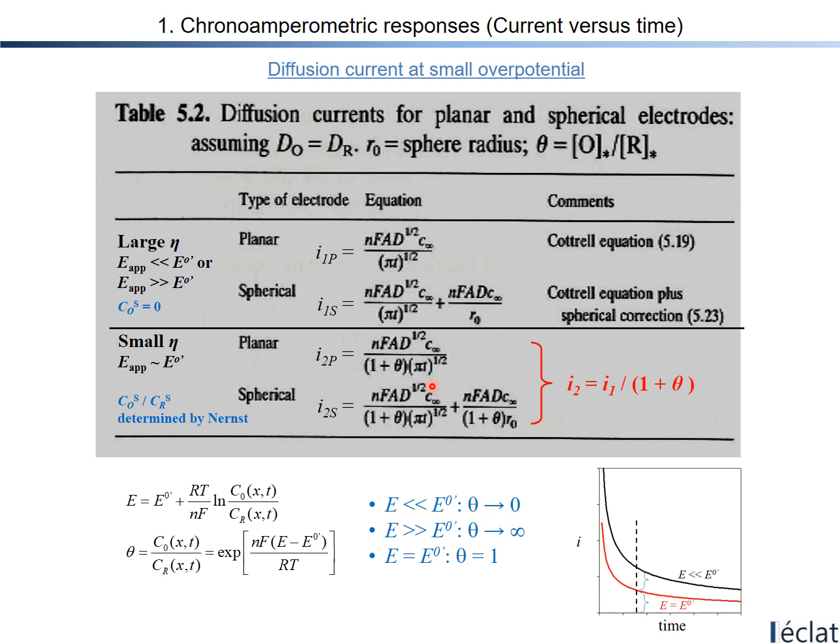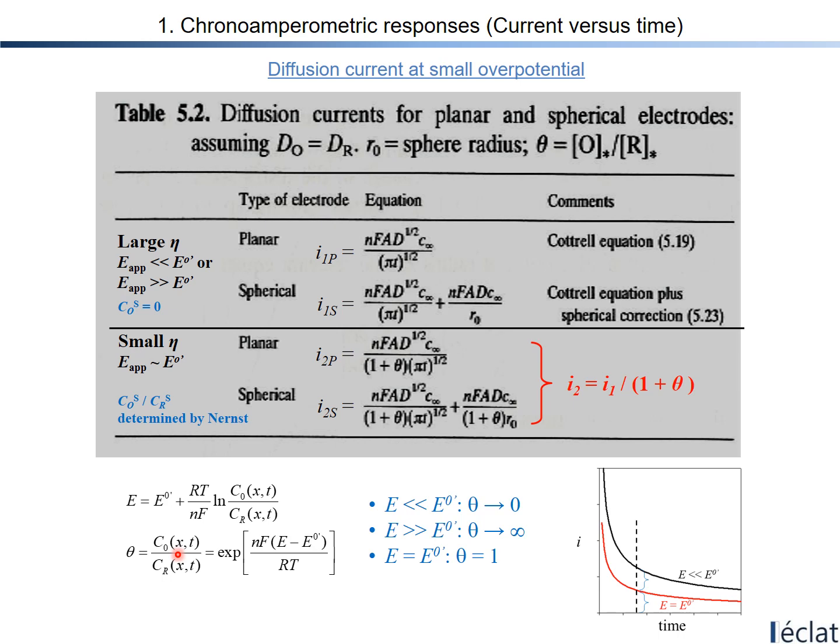Let me think about what happens when we apply the potential at the formal potential. Then this term is going to 0, so zeta is going to 1. It means the concentration of oxidized species is equal to the concentration of reduced species at the formal potential.